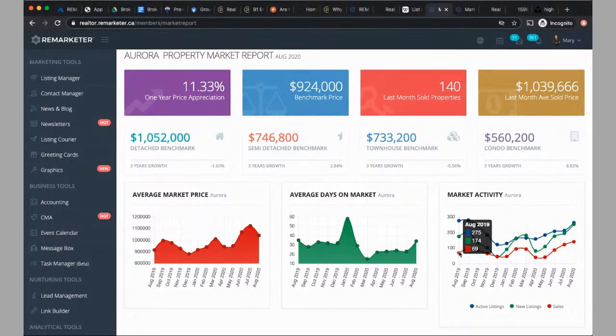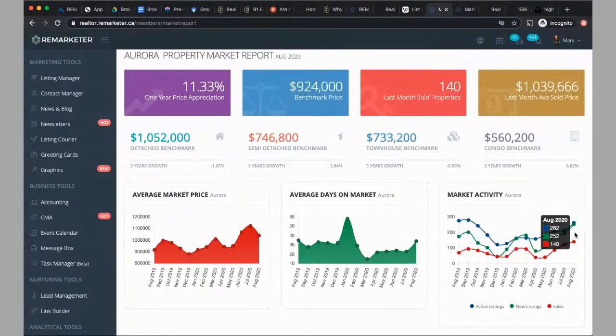So you could see that demand was far away from supply. Almost twice as many properties were coming to market than selling, and properties were staying in the market for a lot longer. So that definitely was a buyer's market back then in August 2019.